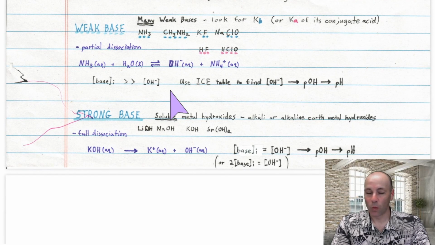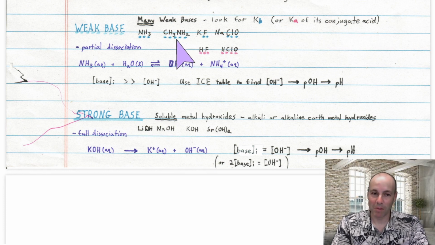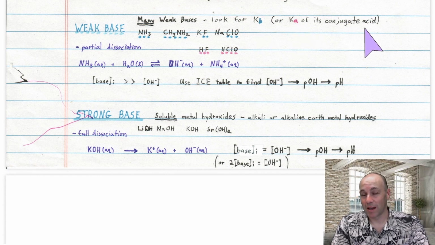So weak bases, these are like weak acids. Now there are many weak bases, and it's a weak base if there is a Kb. If you can find a Kb, then that means you have a weak base. Sometimes you can't find the Kb, but you can find the Ka of its conjugate acid.